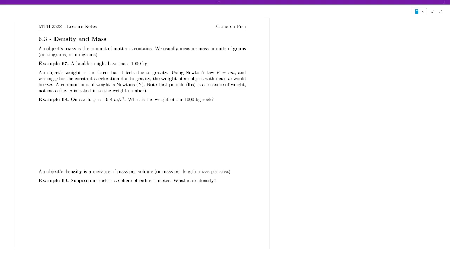So weight is a word that means how much gravity is affecting you, the force of gravity on you based upon your mass. So you might have heard of Newton's law, force is mass times acceleration.